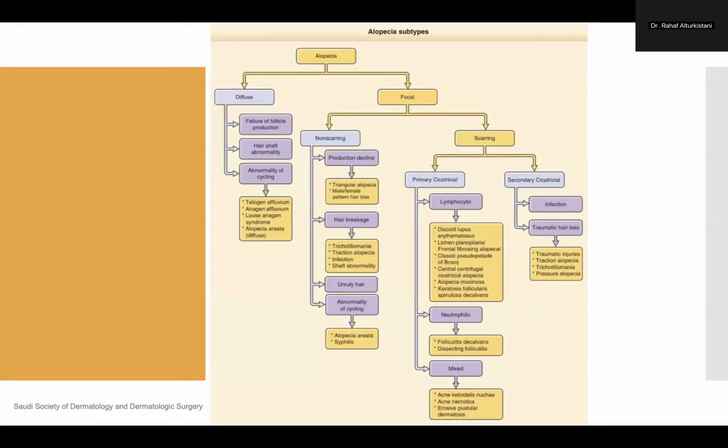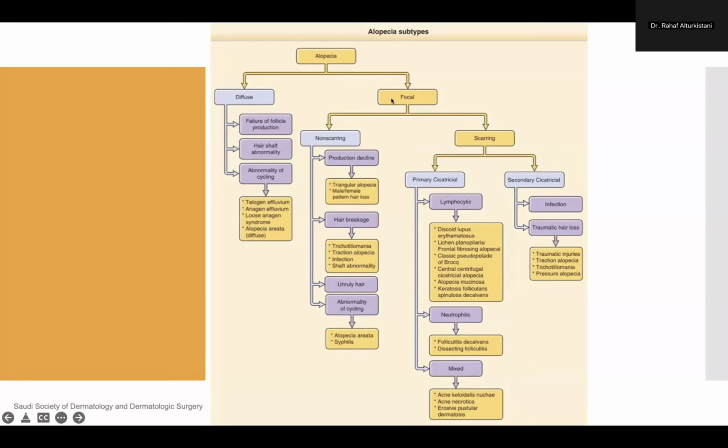Okay, so alopecia subtypes. As we all know, alopecia is one of the very common cases that we face on a daily basis in our clinic, especially in females. We can classify hair loss or alopecia into two parts: diffuse and focal. The diffuse depends on the exact cause, but most of them are related to abnormality of the hair cycle.